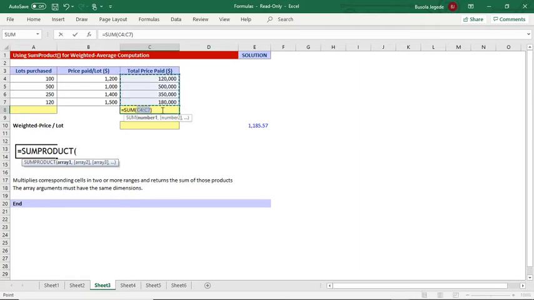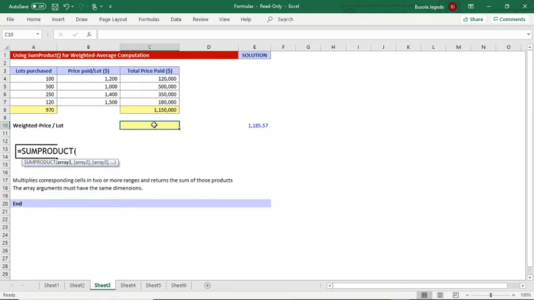So we have the total right there, and we'll find the total of lots purchased, that's the quantity, with Alt equals. Right. So now we can find the weighted average price per lot, and that would be the sum of the total price paid divided by the sum of lots purchased.